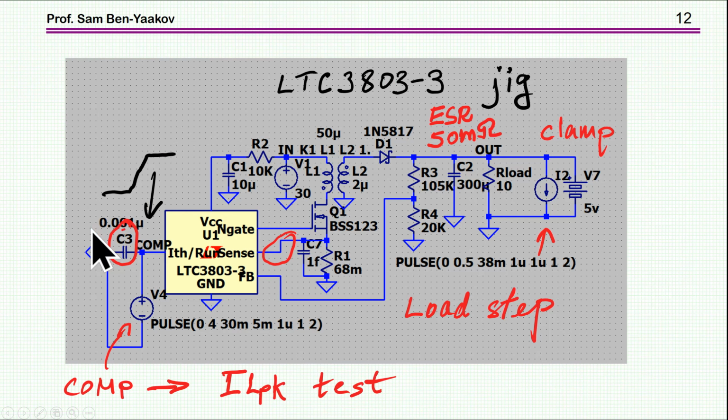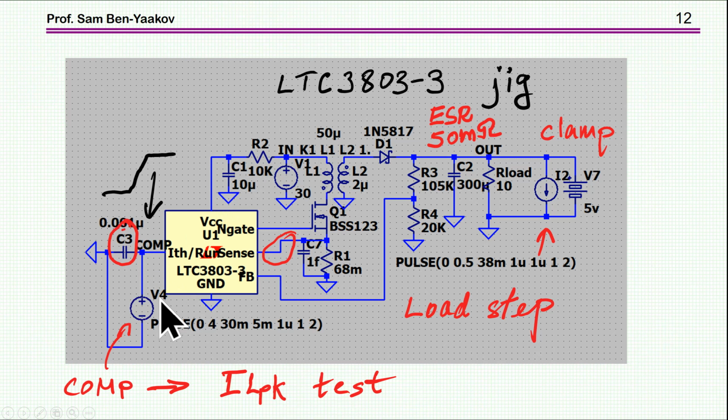So what I'm going to do is take the jig provided by Analog Devices in LT-Spice of this unit, in a flyback converter, and actually test it and find out what is the relationship between the voltage here and the peak current. Sort of a simulation experiment, okay?